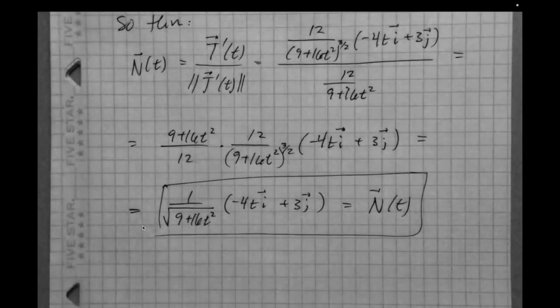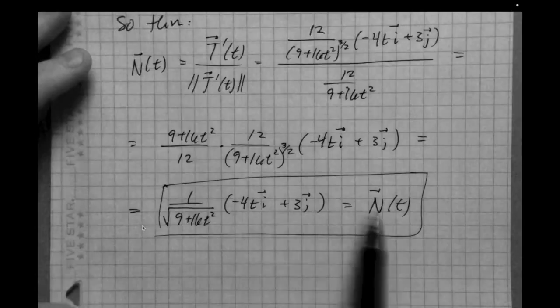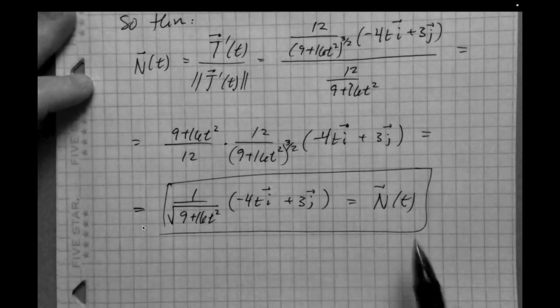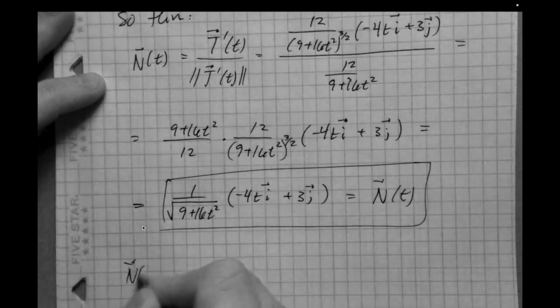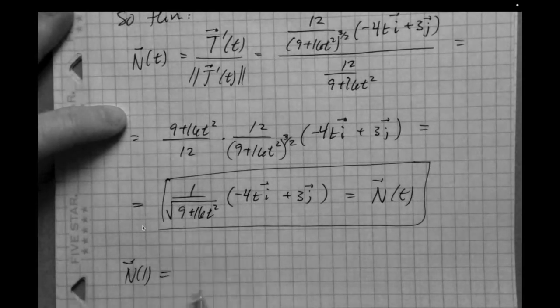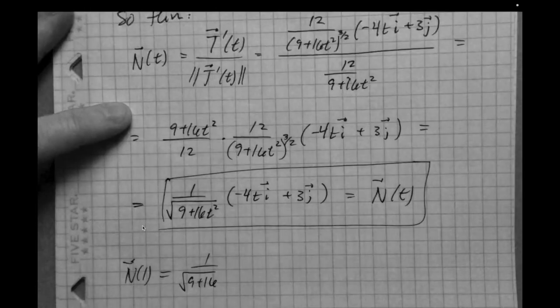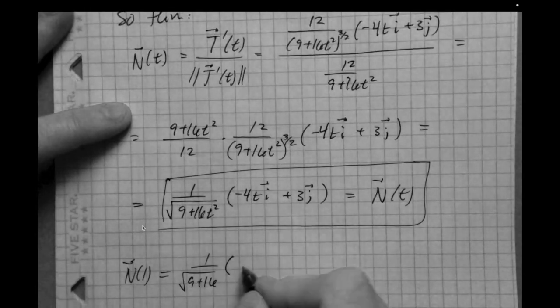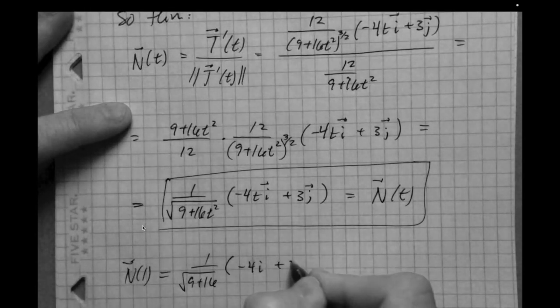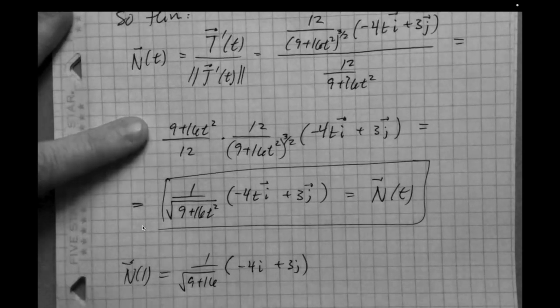So there's N of t. Now we want to know what this is equal to when t is equal to 1. So N of 1 will be basically 1 over the square root of 9 plus 16, times negative 4i plus 3j.